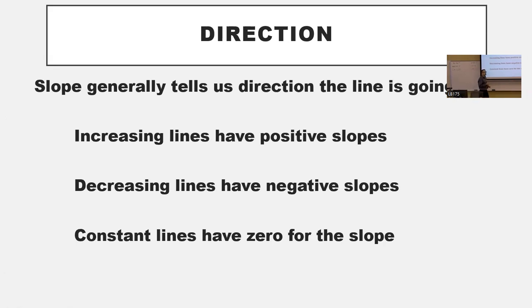And then here's what I was just saying. Increasing lines, increasing movement means as you move left to right, the y values are getting higher. So as the x values get higher, the y values get higher, that's increasing. Those are the ones which have positive slopes. Decreasing lines have negative slopes.